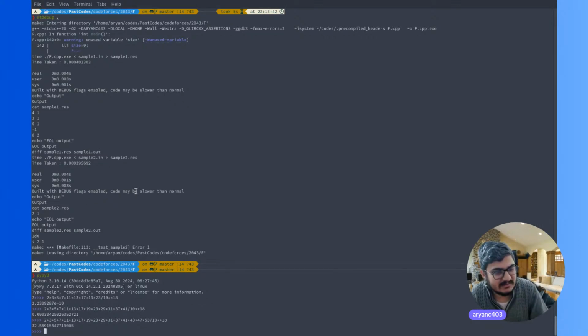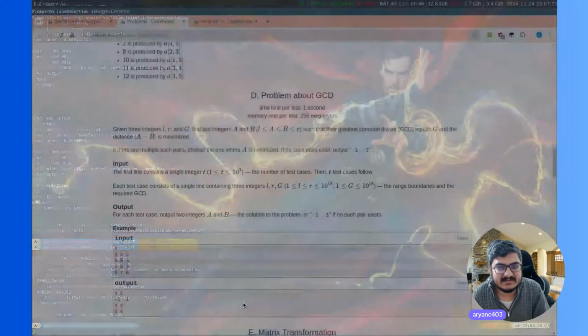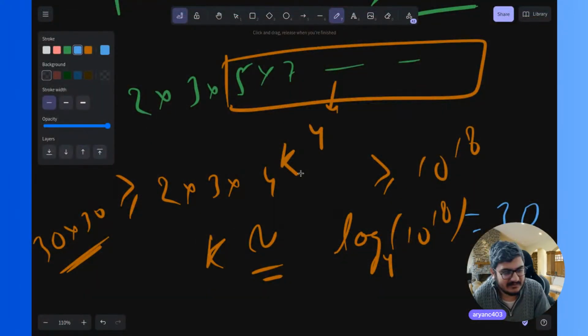Okay, so instead of 30, if we replace it by 60, we should definitely be good. The first 30 primes is what I was looking for, and the 30th prime is probably around 60 here. So if I replace 30 by 60, we should definitely be good. And the crux was that you can look at the actual bound, which will definitely be lower than 60 as well.